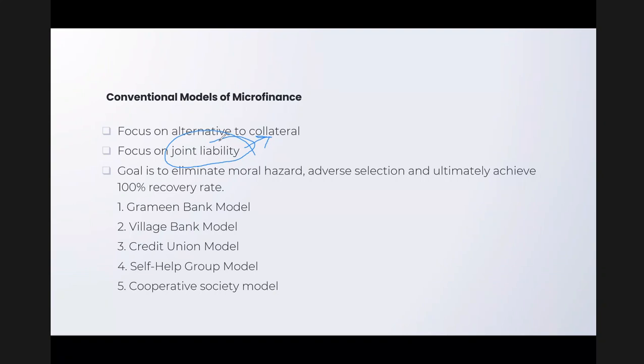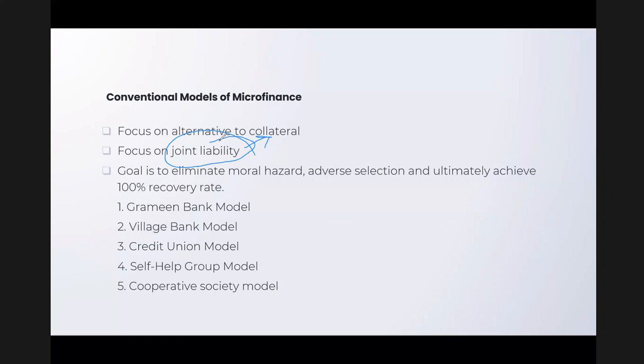They form a group of women in a village, and they say that we will give a loan to a single woman, and if she gives back the principal and interest on time, then only we will give a loan to another woman, like that. And if any single woman defaults, then they place some kind of penalty on the rest of the members also.